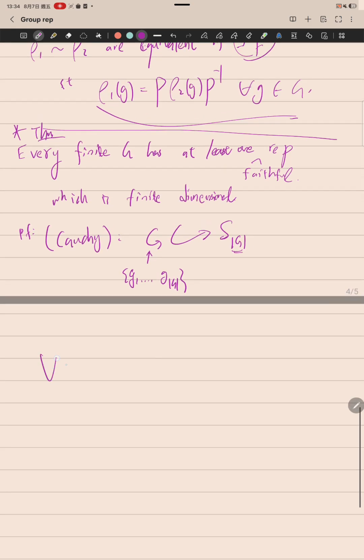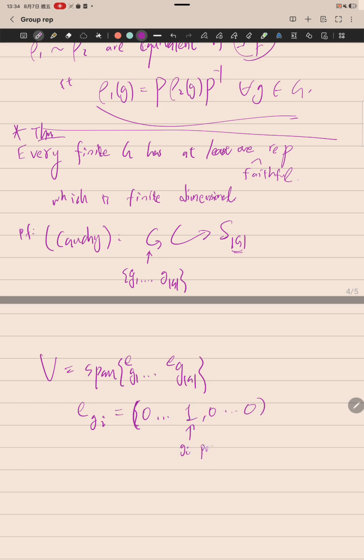Now I define my vector space as the span of these, technically using E of G1, so E of GI is the basis vector which is 0 everywhere but 1 on the GI position.